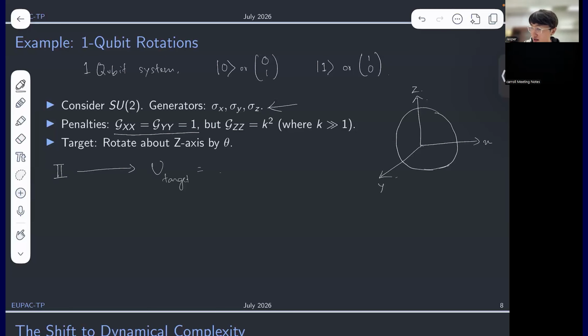And Utarget is defined as, what it's saying is we want to move our sphere an angle theta around the z axis, right? We just want to rotate this sphere around the z axis.